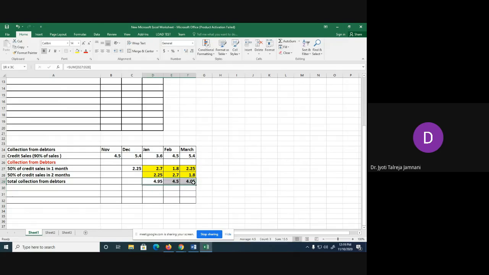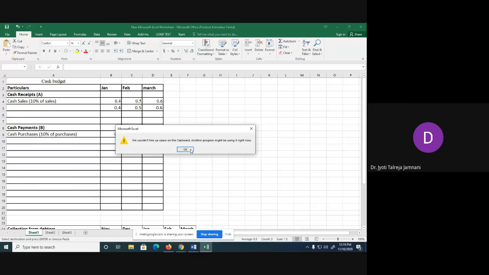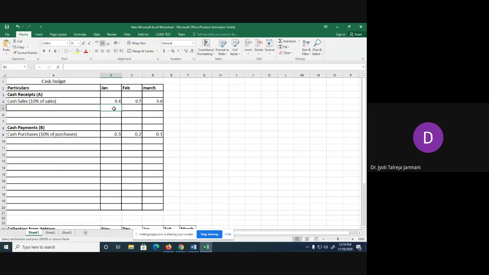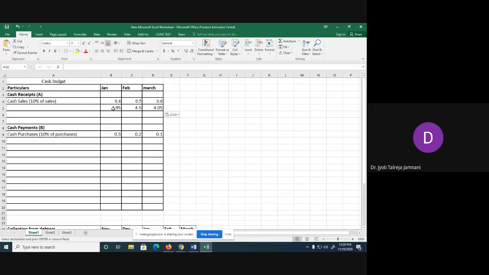So these are the values. For Jan, Feb and March, we are collecting 4.95, 4.5 and 4.05 accordingly. So this is the collection from debtors.